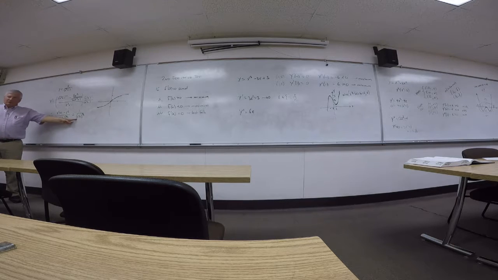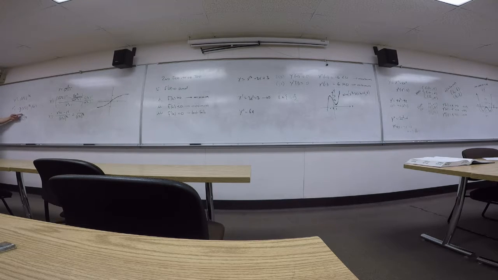The second derivative is the derivative of this. Let's see, y prime is equal to x squared plus 1 to the negative 3 halves. Means y double prime is equal to negative 3 halves times x squared plus 1 to the negative 5 halves times 2x, which is, 2's divide out, negative 3x in the numerator and x squared plus 1 to the 5 halves in the denominator.